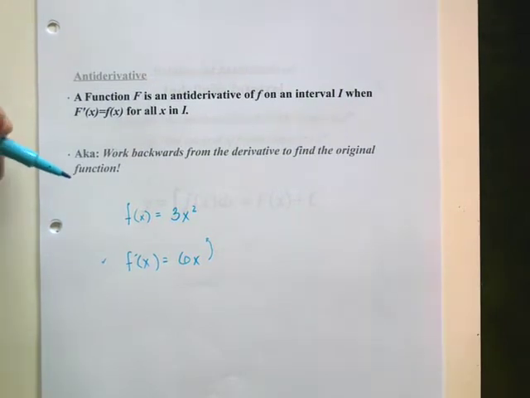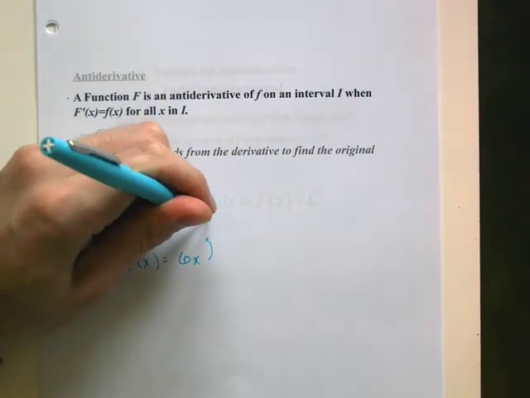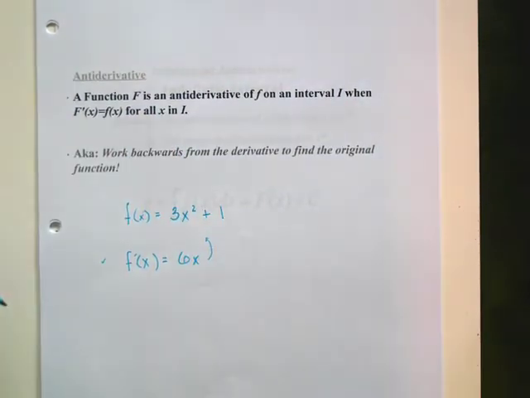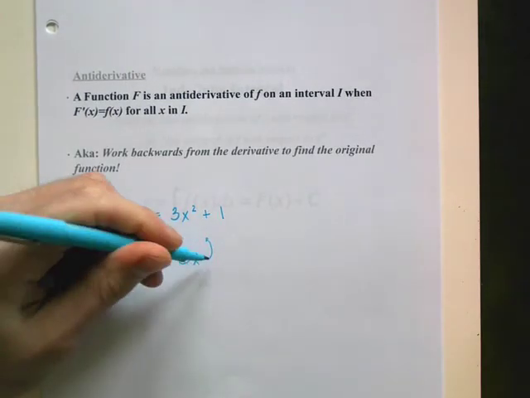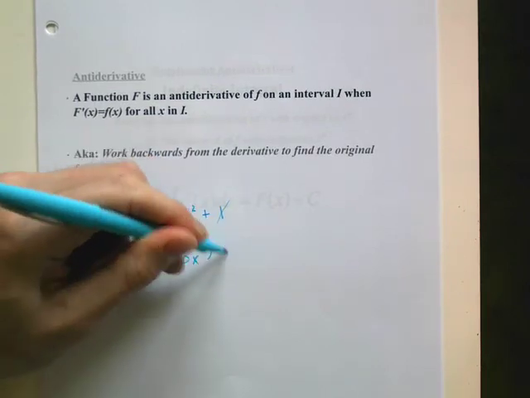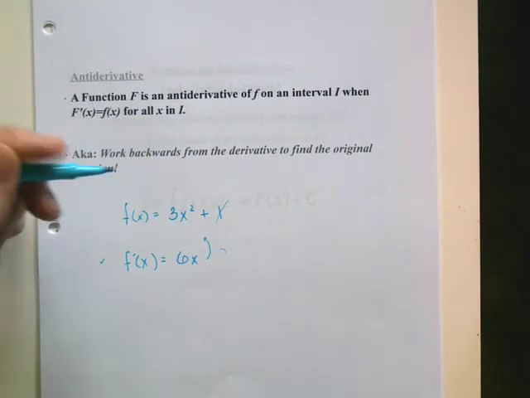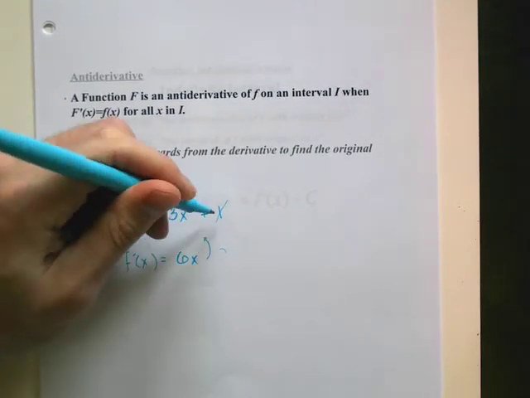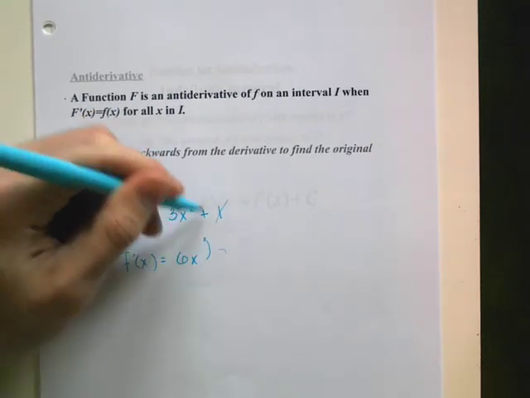But how do we know that our original function wasn't this, 3x squared plus 1? Because this would be the same thing, right? Because if I took the derivative of 1, it would just be 0, which would be nothing here. So there's actually a whole range of things that this could end up as.